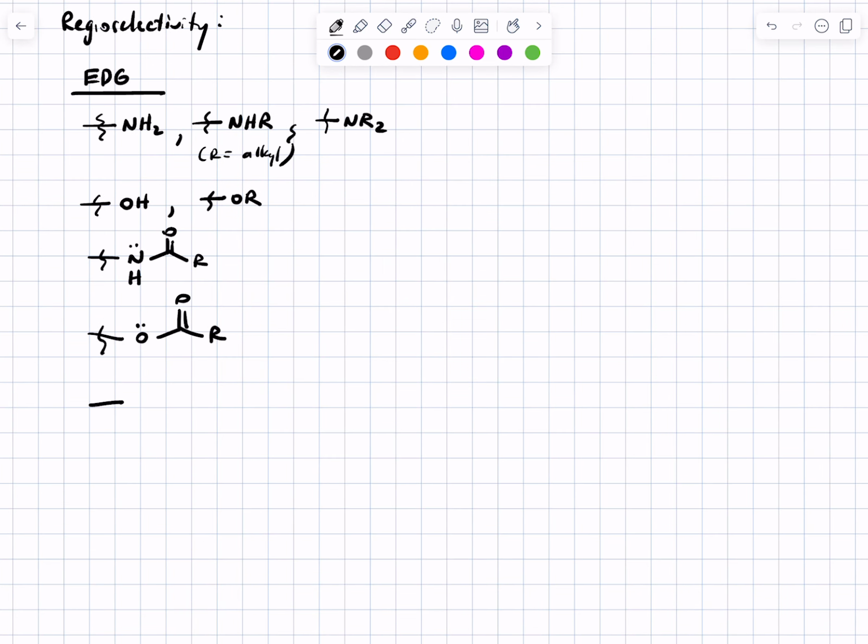Also, here are alkyl groups. So CH3 or branching or tertiary. These, of course, are electron donating groups, but not by resonance because they don't have lone pairs. There's a couple of ways that this is explained, why they are donating groups. Some people explain it in terms of an inductive effect.